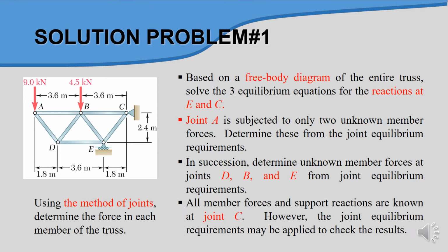Finally, all member forces and support reactions are known at joint C. However, the joint equilibrium requirement may be applied to check the result. Once all joints are calculated, we use joint C to check whether the answer is correct or not, by using net force equal to 0.